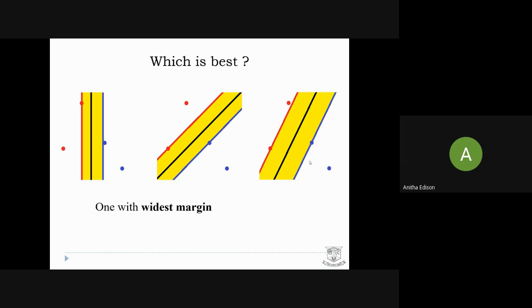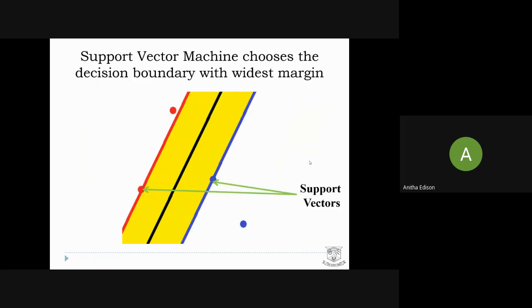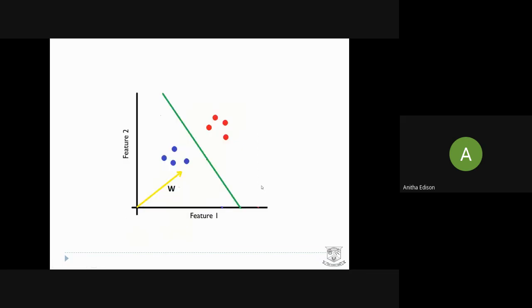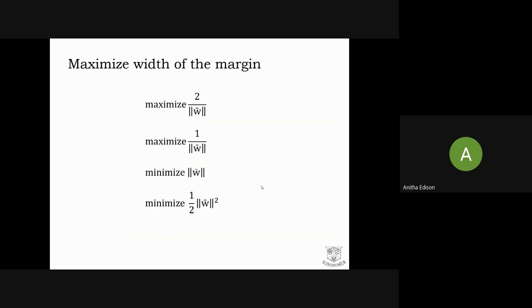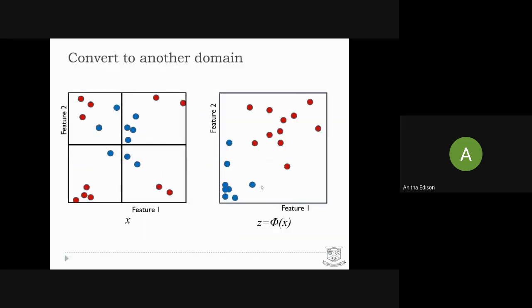So the basic idea of SVM is to find the decision boundary with the widest margin. And these points which are on the margin are called support vectors. We can use these points to find the widest margin. I'm skipping the mathematics on how to find the widest margin.